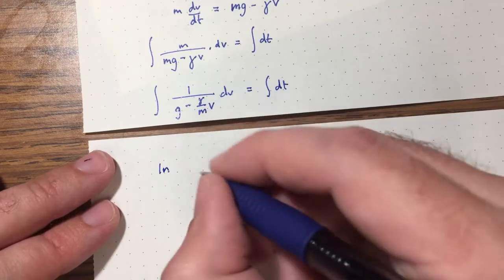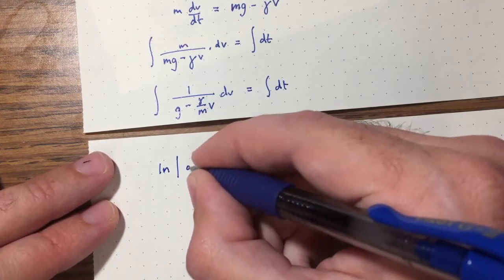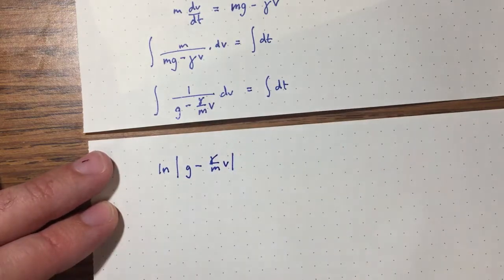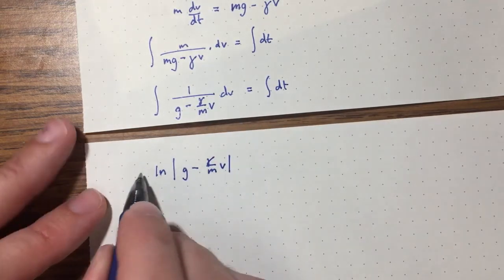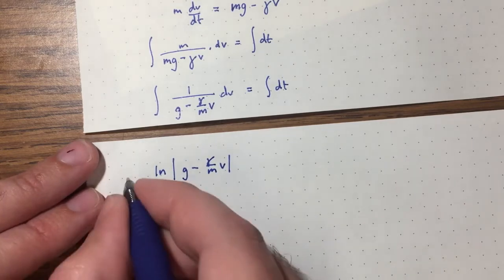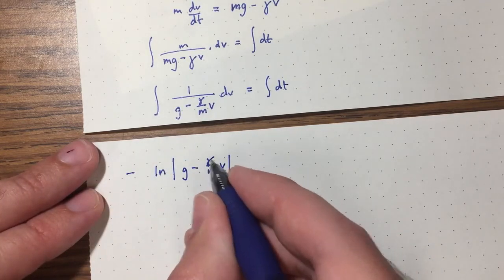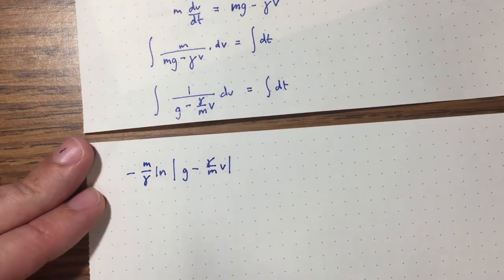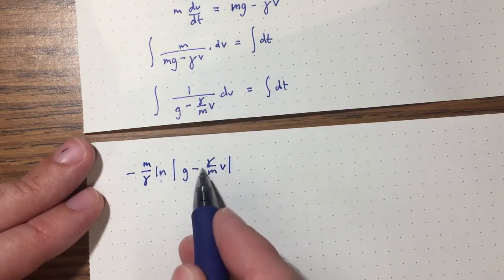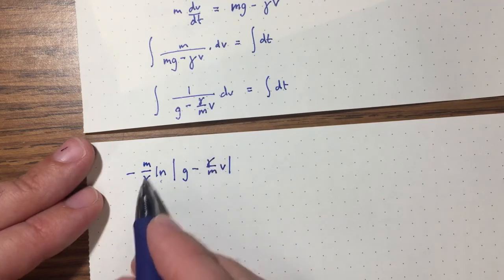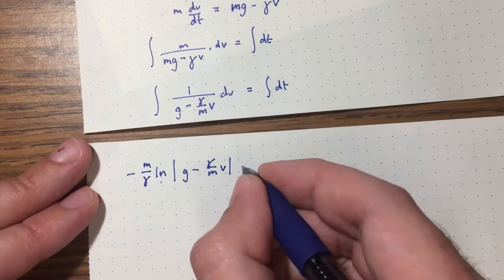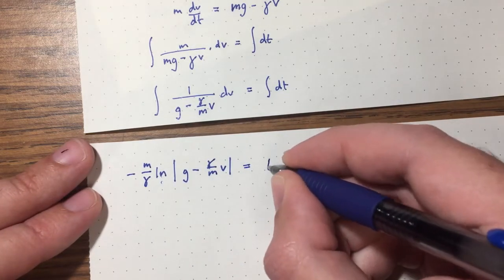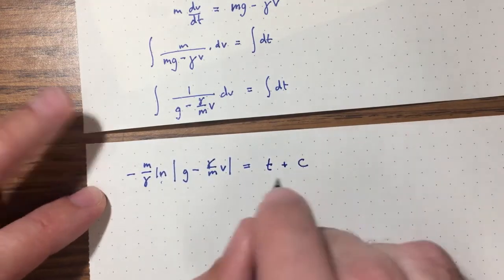So we get a natural log of g minus gamma over m times v. But what do we need to multiply by out here? This time it's going to be negative m over gamma in order to cancel this out from the chain rule. Right? When we take the derivative of this, this is going to come out front, negative gamma over m. So we need a negative m over gamma to cancel it out. And on this side, we're just going to get t plus c, arbitrary constant.